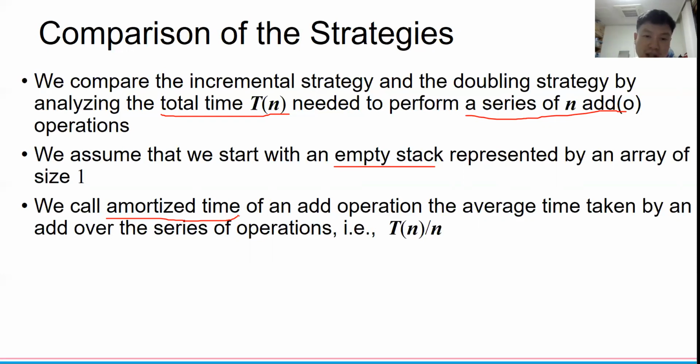The amortized time of an add operation is the average time taken by an add over the series of operations. So we have Tn divided by n. So Tn is the number of operations to add the object O in the series of n, and n is the size itself.